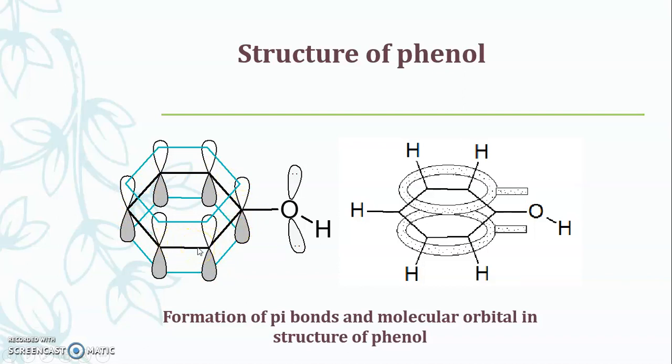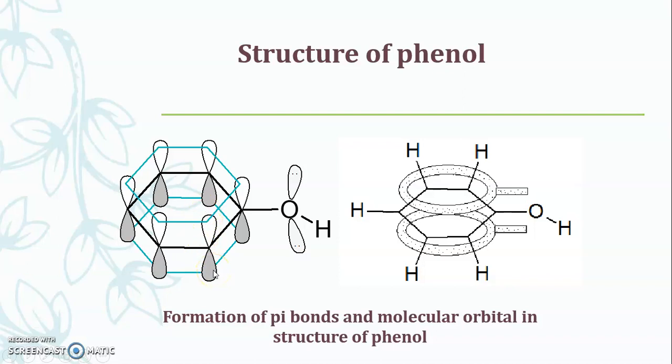Now this carbon atom is in the sp2 hybridized state. Also, each carbon atom present in the phenol has one unhybridized p orbital. These are presented like this. These unhybridized p orbitals are present perpendicular to the sigma bond.